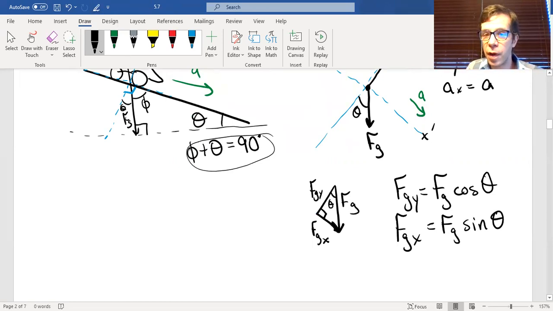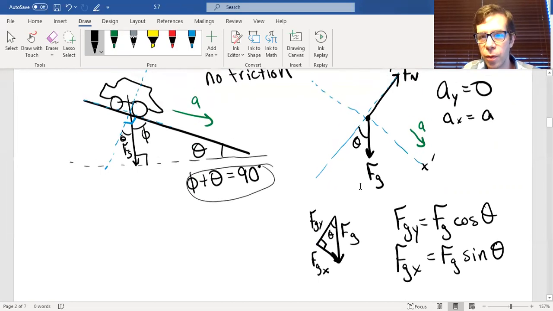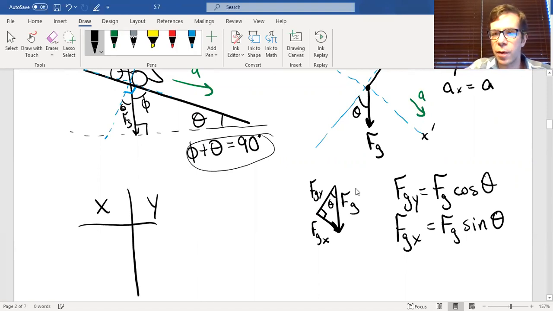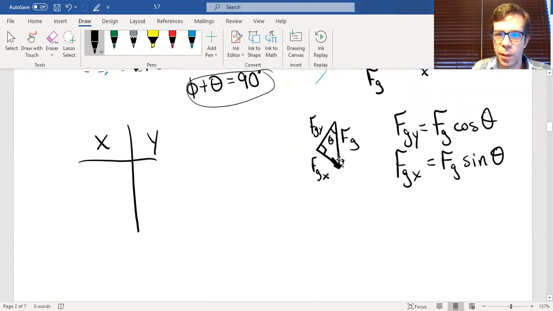So now that we've got our components taken care of, we're ready to make our equations of motion. And since I have non-trivial components this time, I'm going to go ahead and make a chart. So look at every force on your free body diagram. We have the normal force, which is entirely in the y direction.